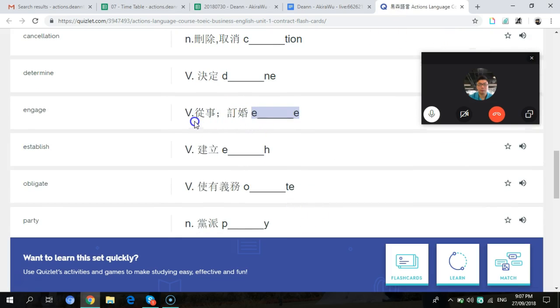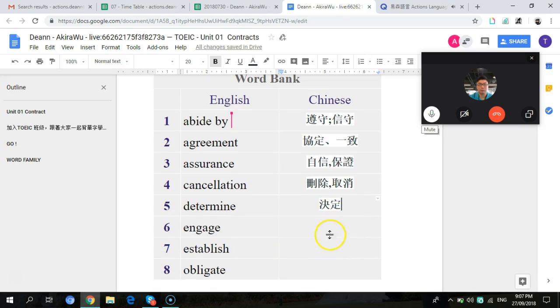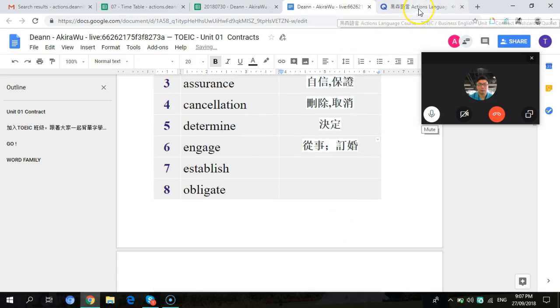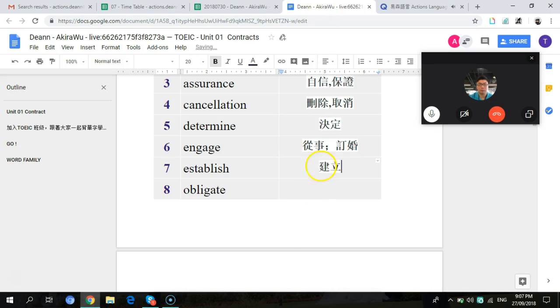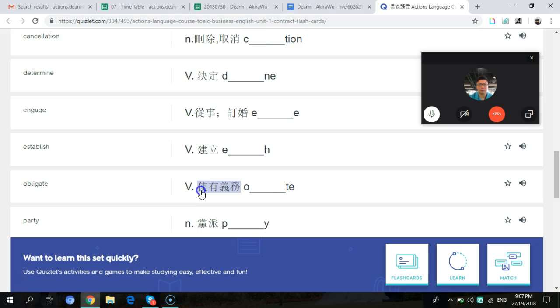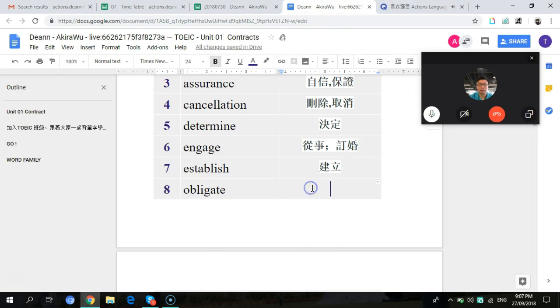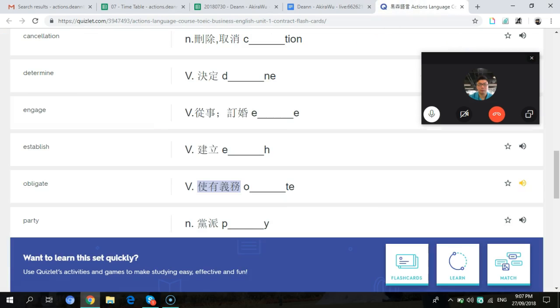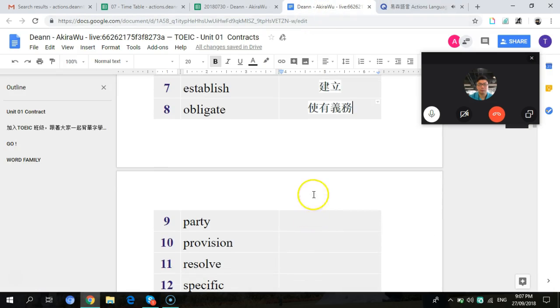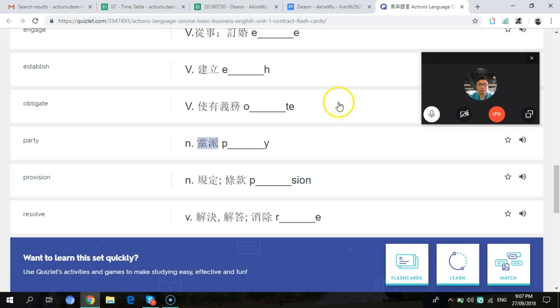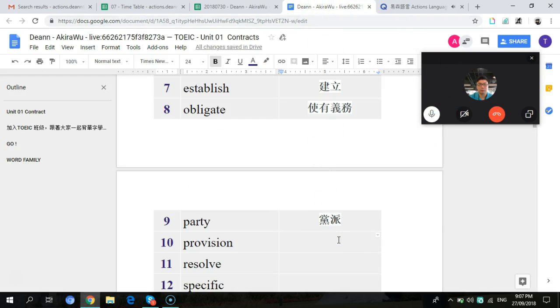Okay, I will just put the meaning for you to be guided when it comes to understanding the meanings of those words.